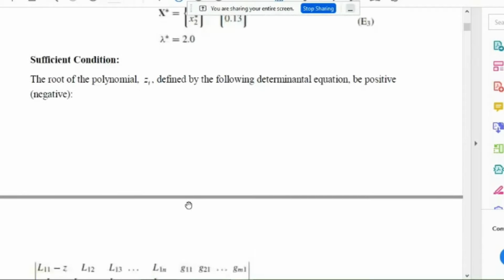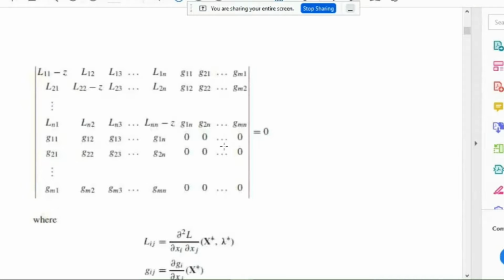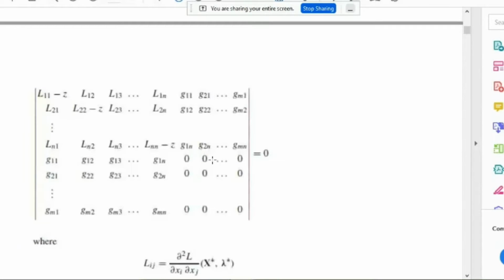If the root of the polynomial z is positive, then the solution is said to be a relative minimum, and the expression is said to be convex in nature. If the z value is negative, the solution is said to be a relative maximum, and the expression is said to be concave in nature.